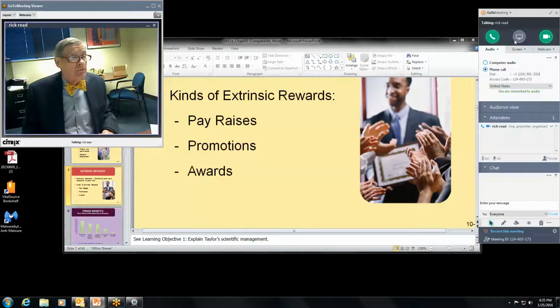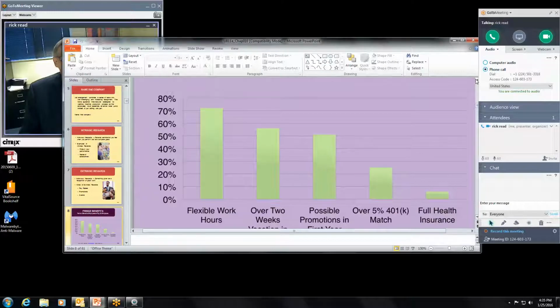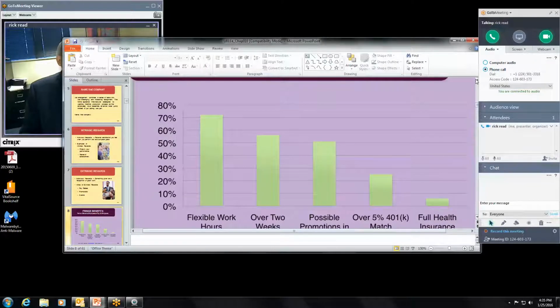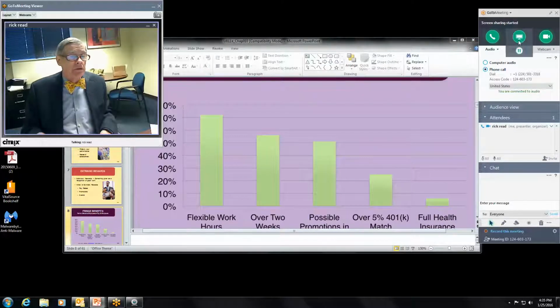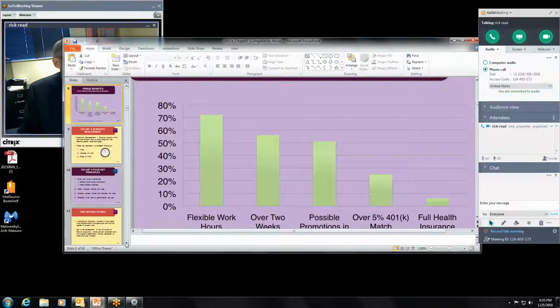Continue doing what you've been doing because you've done it well. But again, that comes from outside. Fringe benefits fall into things known as extrinsic rewards, and here we have things like flexible work hours and vacation more than the traditional 2 weeks, promotions, a 401k match, and things of that nature.